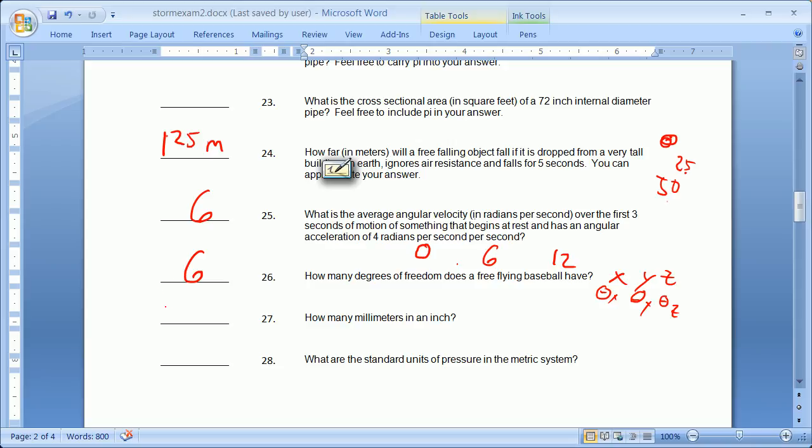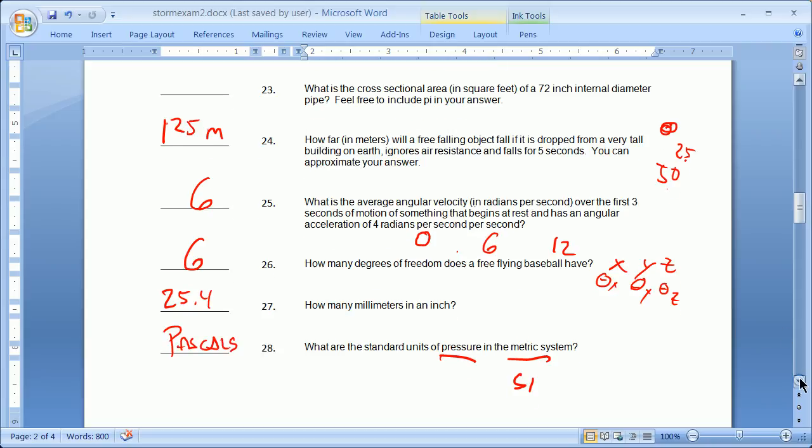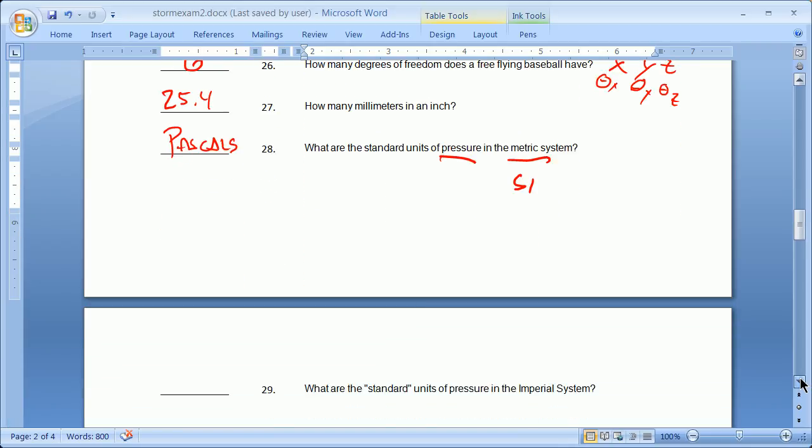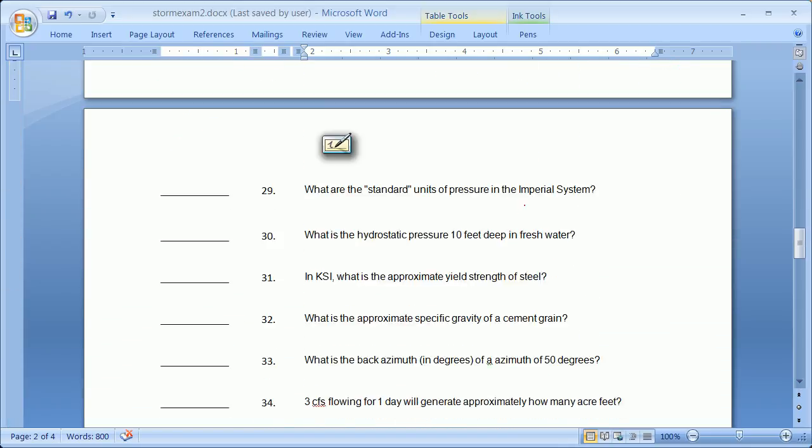How many millimeters in an inch? 25.4 exactly. What are the standard units of pressure in the metric or SI system? It is pascals. It is really not necessarily correct to say newtons per square meter, but they are the same thing. Standard units in the imperial system, pounds per square foot.